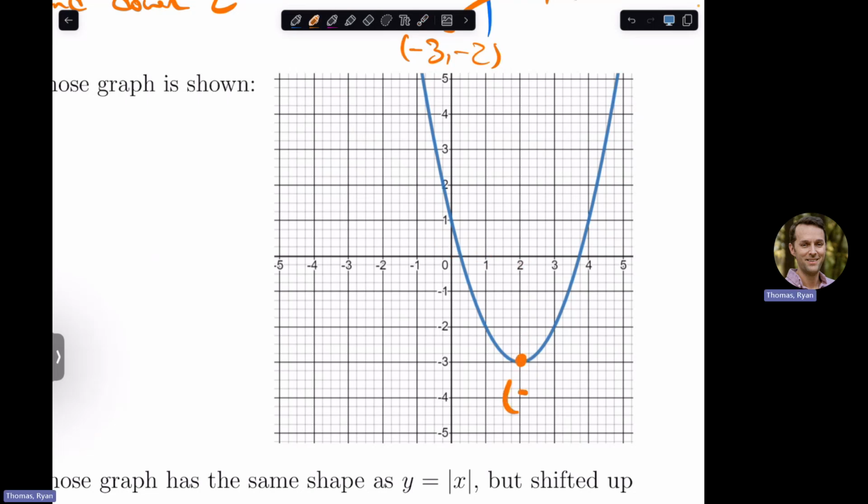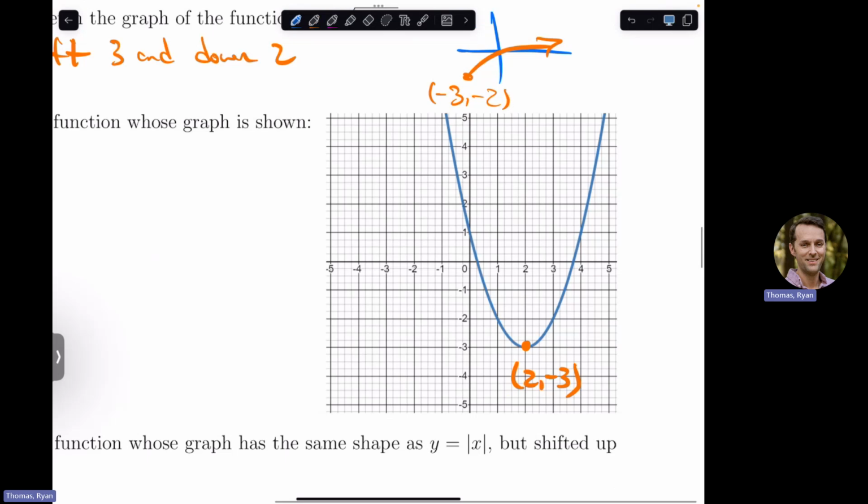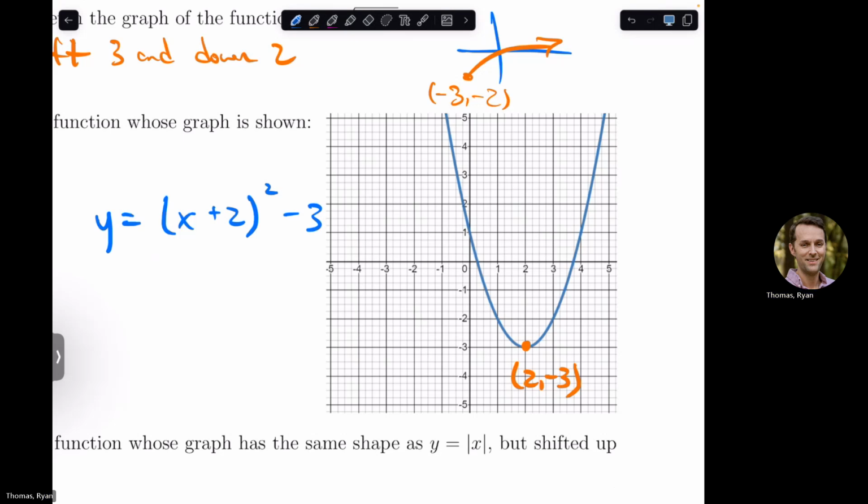This point at 2, -3, that's kind of the key to the whole thing. So if we want to write down that function, what's it look like? x plus 2 minus 3 on the outside. And then it should be minus 2. You're right. Thank you. Told you it goes backwards to me sometimes too.